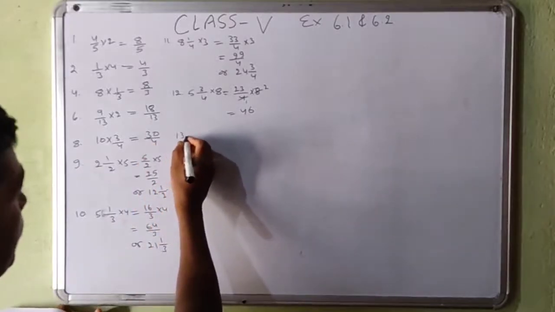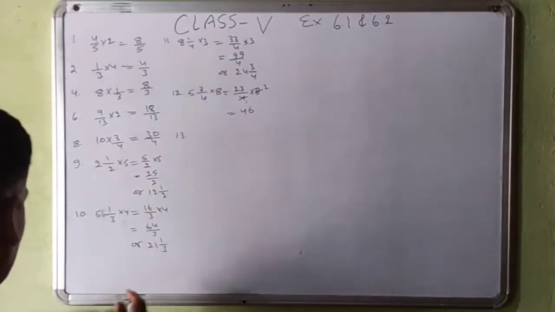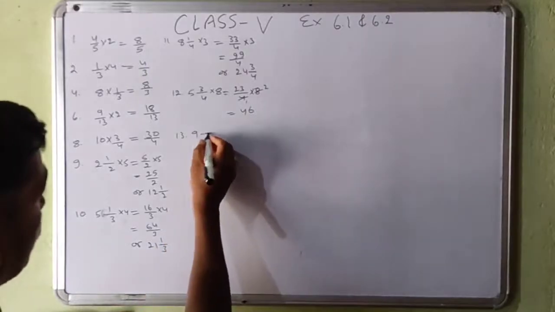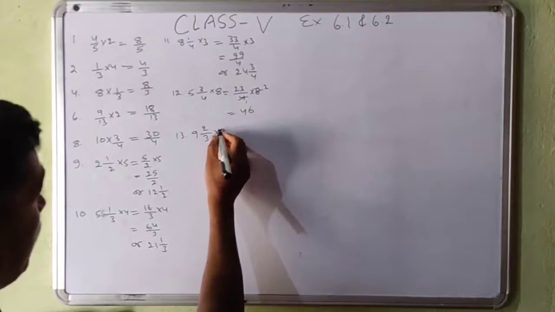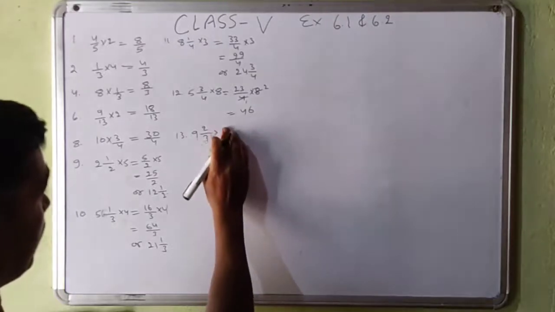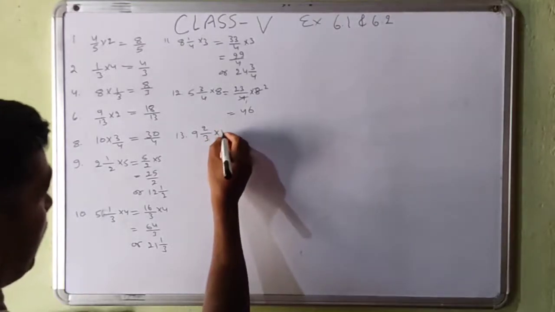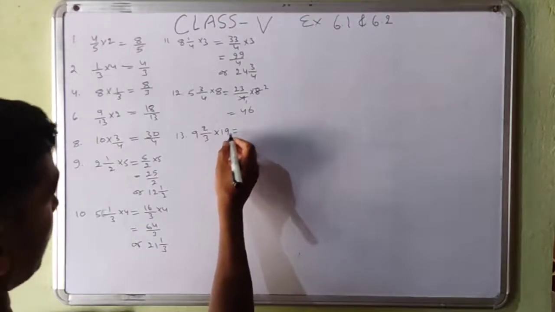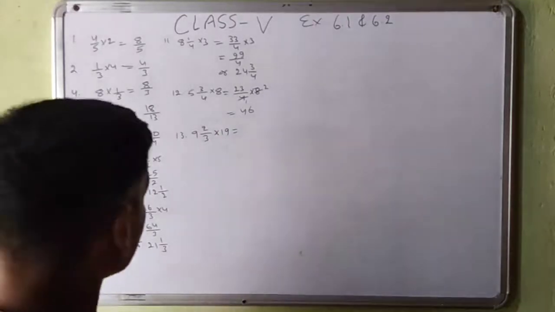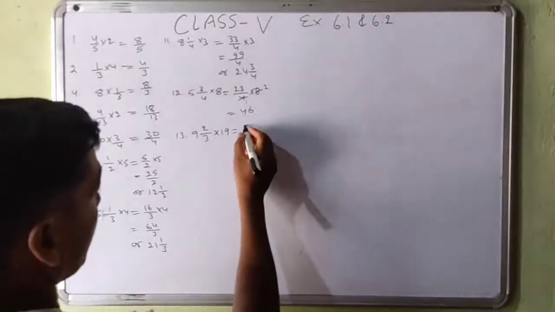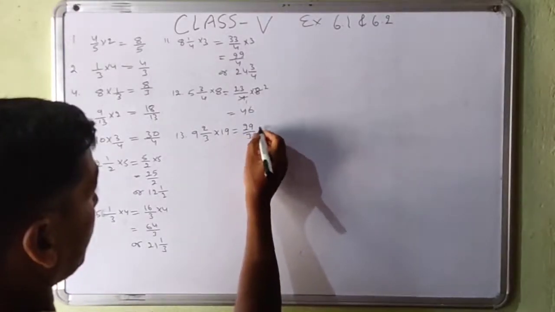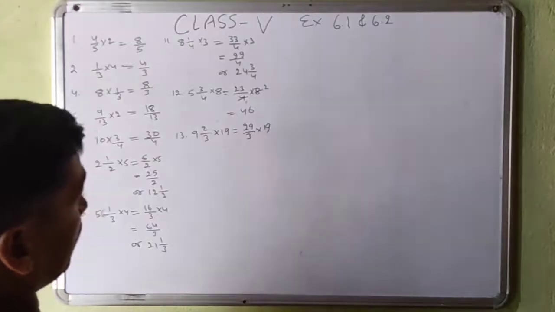13. 9 whole 2 upon 3 multiplied by 19. So that will be 9 3s are 27, 29 upon 3 multiplied by 19.